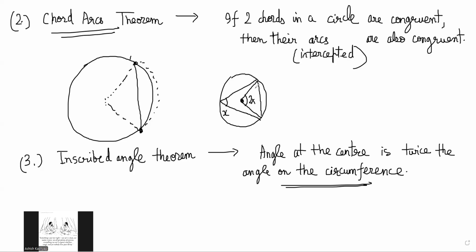Do you understand what I'm saying? You can easily prove it using isosceles triangles and the exterior angle property. If it is an isosceles triangle, you know that this angle and this angle are the same. So if that is theta, theta, this angle is 180 minus 2 theta, right?